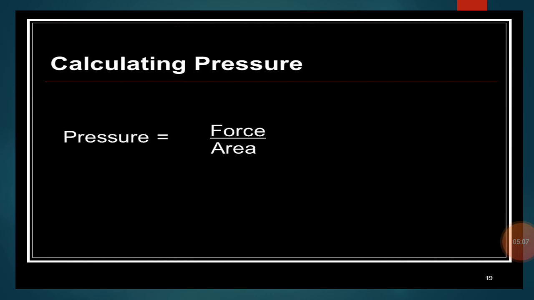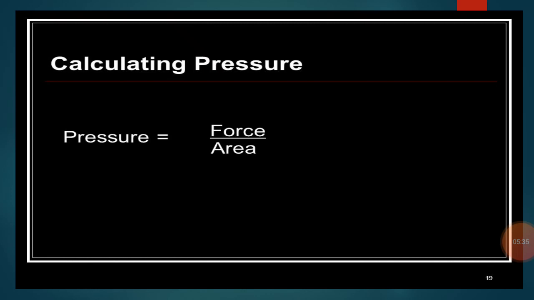So the SI unit for measuring pressure is Newton per square meter, also known as Pascal. The Pascal is denoted by capital P and small a. So 1 Pascal is equal to 1 Newton per meter square. The Pascal is a very small unit of pressure.